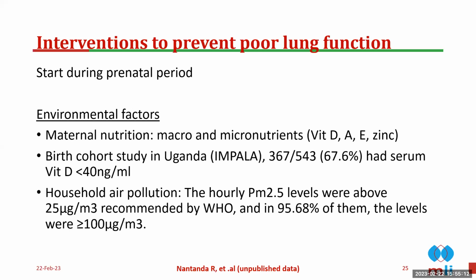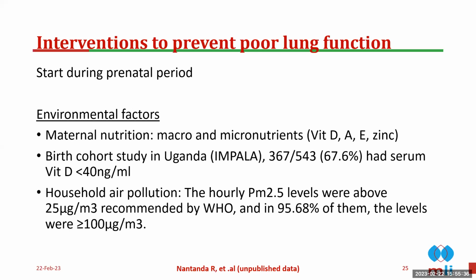And we found out that 95.7% of them actually had levels above 100 micrograms per meter cubed. But all of them actually had their levels above the 25. 25 is the recommended or allowable level by WHO, but I bring out the above 100 because the majority were way above the 100 microgram mark.